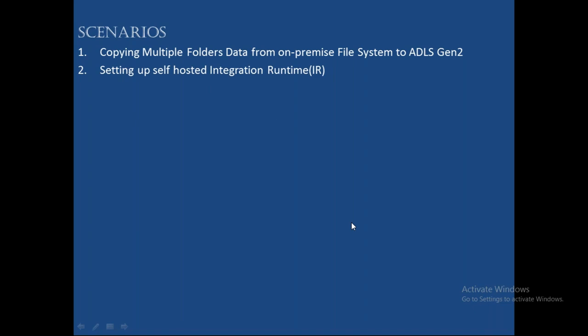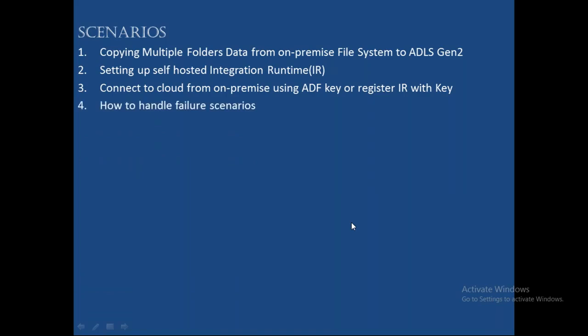Next one, to connect to the on-premise, we need to set up the self-hosted IR. Okay, we will see how to do that. Then we need to see how you can connect from on-premise to the cloud. How will we connect? By registering the self-hosted integration runtime with the Azure Data Factory key that we already have done. Then we will see how to handle failure scenarios.